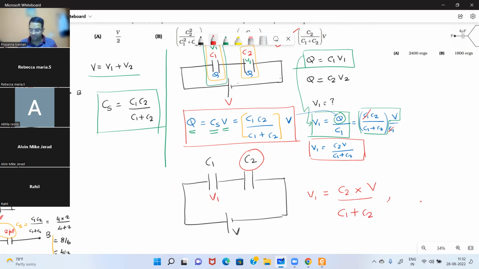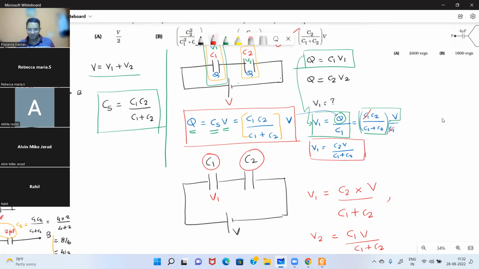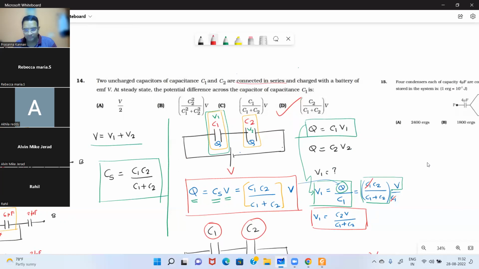Similarly, V2 will be the other capacitance, C1, into V divided by the total capacitance C1 plus C2. Is this clear? Directly you can remember this and you can solve the problems.